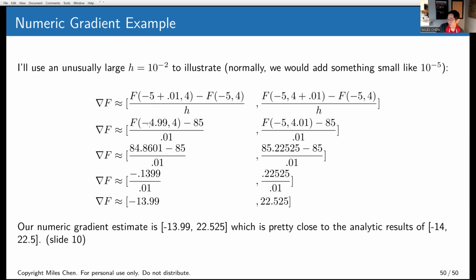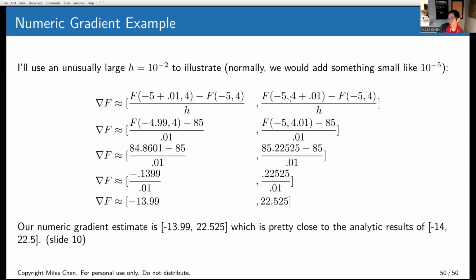And so now I'm going to plug in -4.99 for my x1 and 4 for my x2. We know the value of the function at -5, 4 is 85. When I plug in -4.99 into the function, it becomes 84.8601. And we say, okay, that's a difference of -0.1399. And if I divide by 0.01, that becomes -13.99.